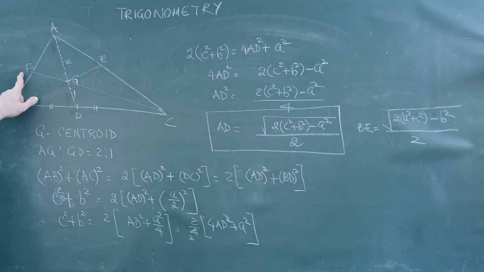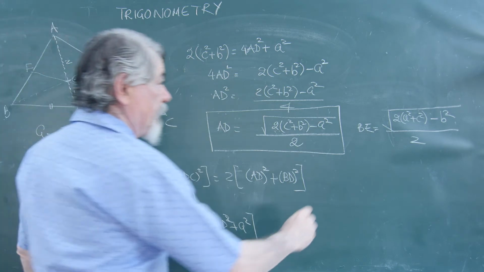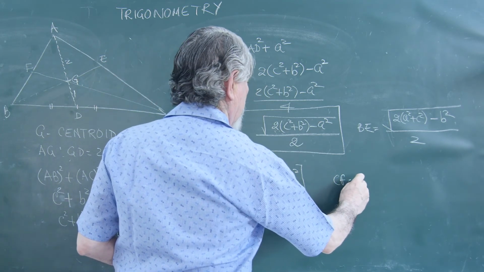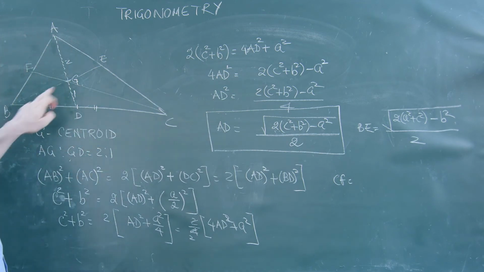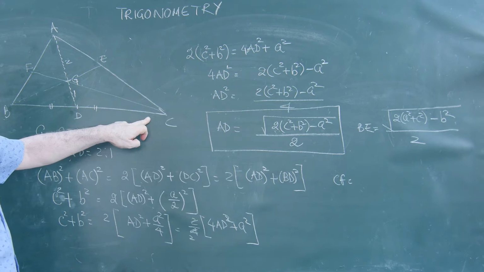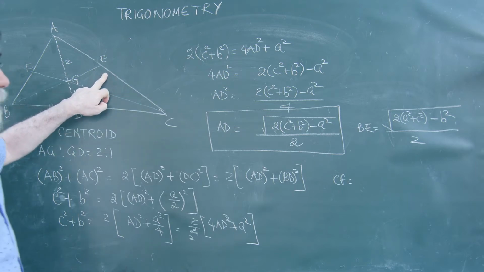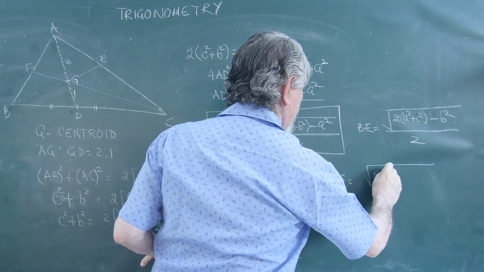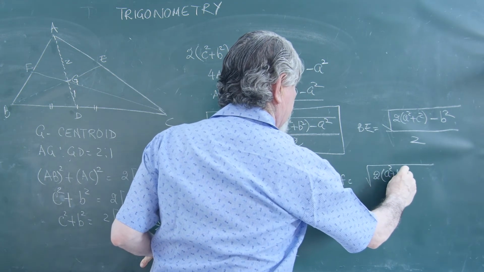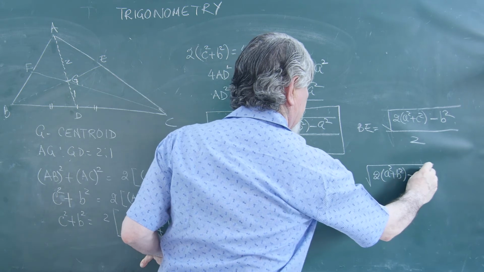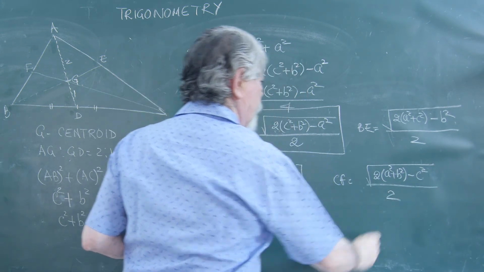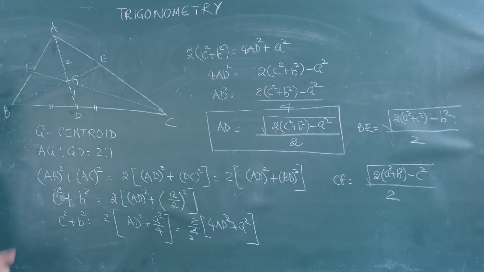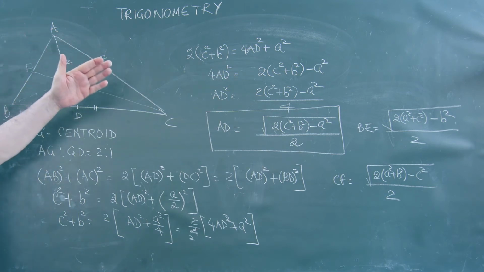Similarly, if I want to calculate CF, this side is A square, and this side is B square. So 2 into A square plus B square minus C square upon 2. So we have been able to calculate the length of all the three medians in terms of A, B, C.